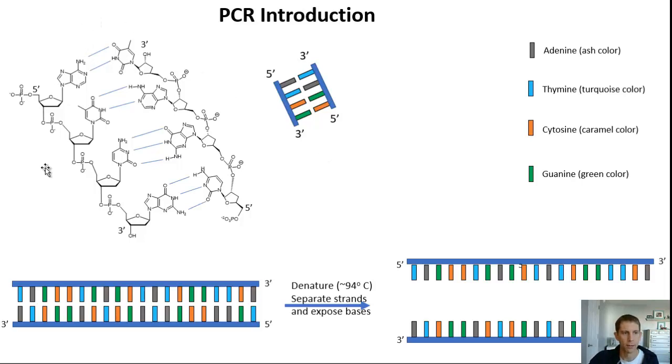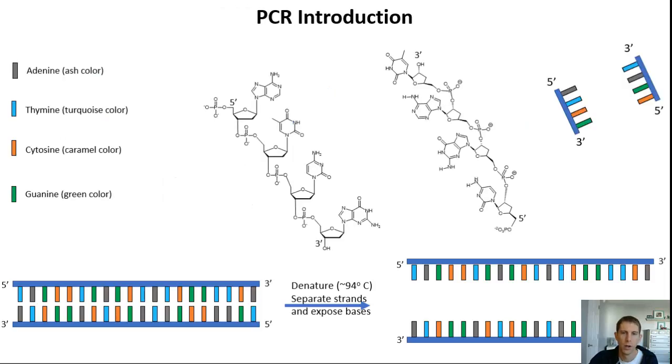So right now I'm showing the hydrogen bonding interaction in our strand tightly bound together. We need to denature those strands by heating our vials up to 94 degrees Celsius to separate the strands, which are shown over here. Once we separate those strands, basically what we're doing is eliminating the hydrogen bonding interactions. When we heat it up to 94 degrees Celsius, that's enough to do that.